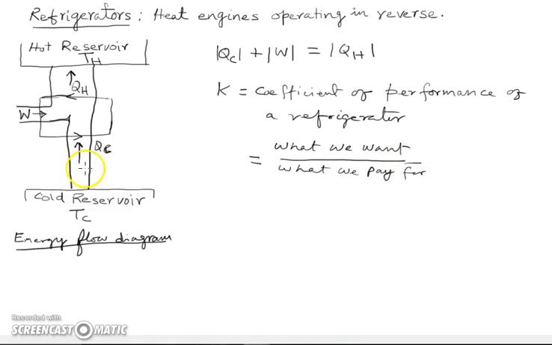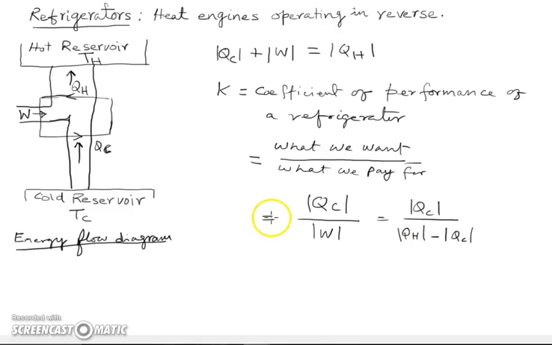is the QC amount of energy to be extracted. So we say QC is the amount we want to be coming out from the inside of the refrigerator. And what we are paying for is the work we are doing. Okay, and if you see, QC remains there, so we can put the magnitude of QC, and W we can see from here is nothing but the magnitude of QH minus the magnitude of QC.